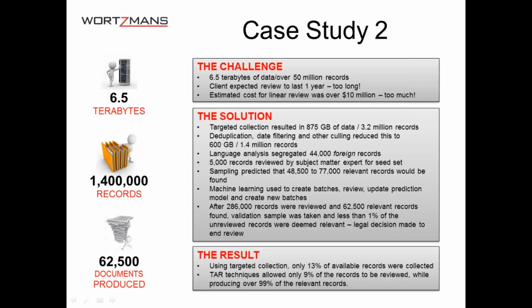We could say not just that we've got 62,000 relevant records, within our range, but we also were able to clearly say less than 1% of the remaining records would be relevant. So think about that. There were 1.1 million records left for review. The cost of reviewing 1.1 million records to find that 1% would be completely disproportionate.